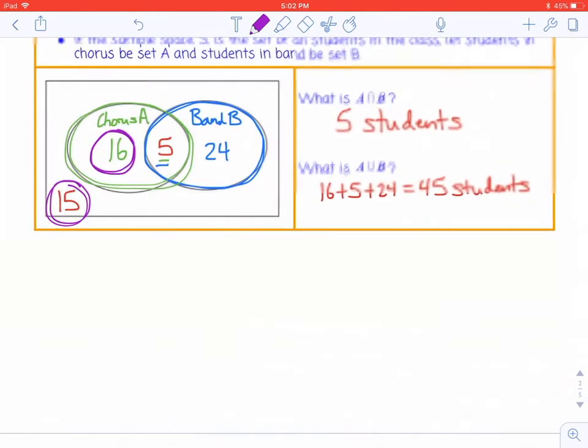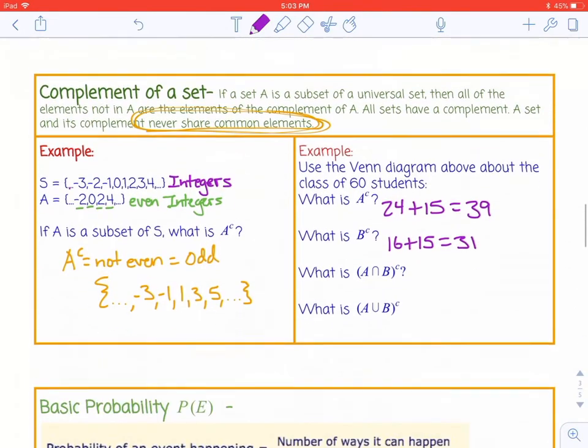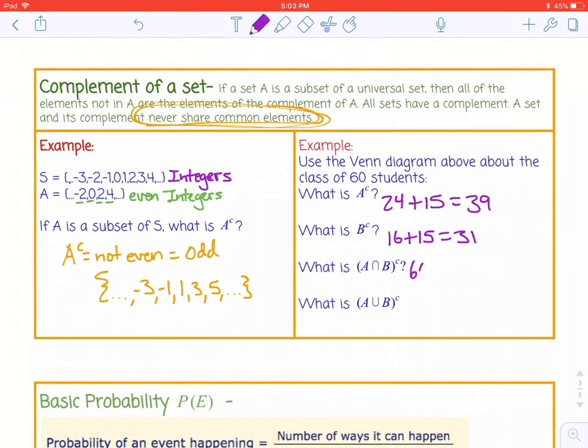The intersection of A and B was this 5 right there. So think about who's not included in the intersection. The only ones in the intersection are those 5. We had 60 students total, so 60 minus those 5 students would give us 55.